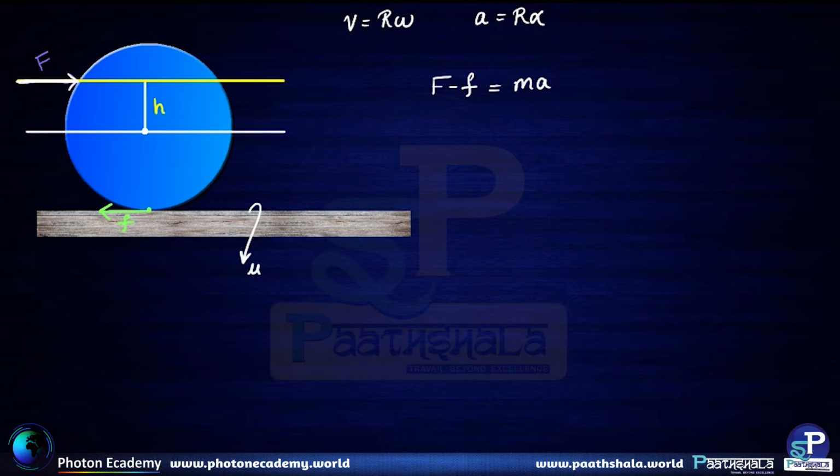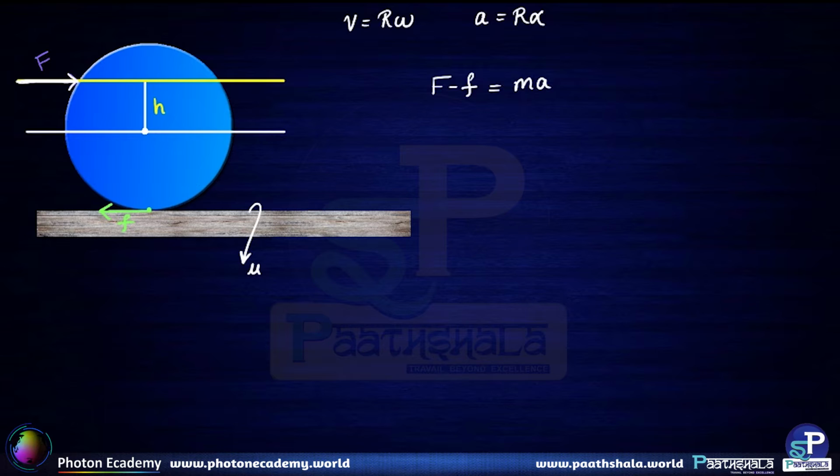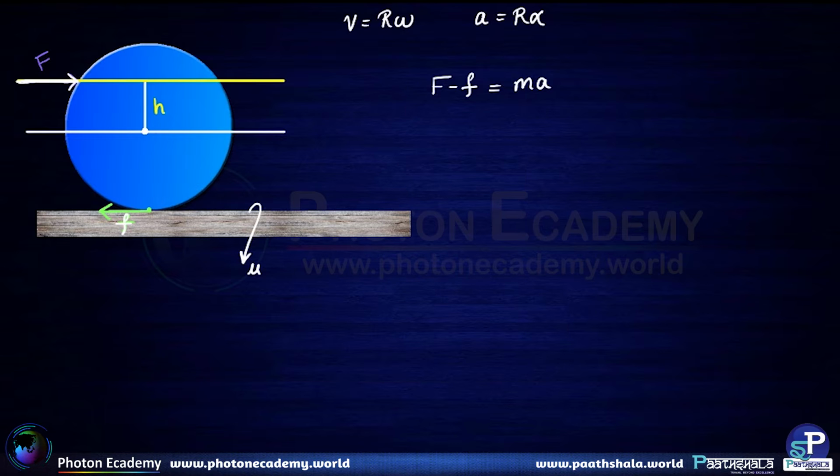However, this proves out to be redundant information because we do not know that the friction is going to be its maximum limiting value, which is mu N. So it is a mistake that most of the students do make to write the value of friction over here as mu mg, which is mu N. That is a mistake because the friction force is static in nature, because the point of contact is stationary instantaneously, and hence this force of friction f can take any value from 0 to mu N. This is very important to note.